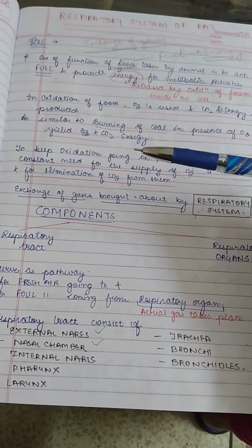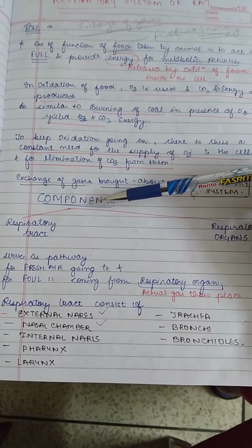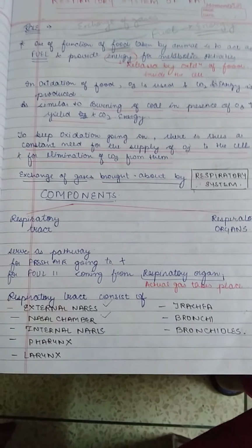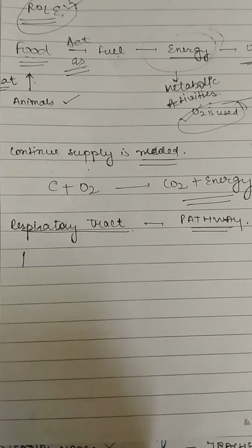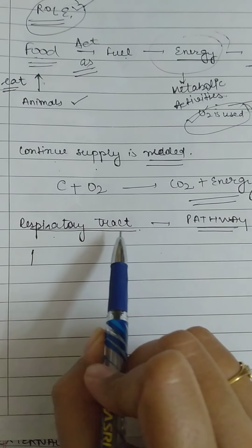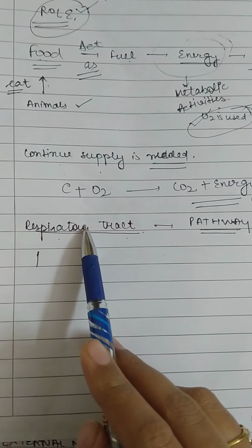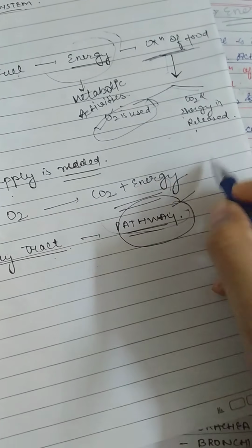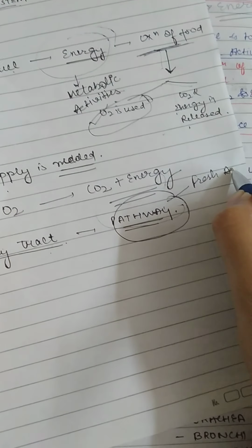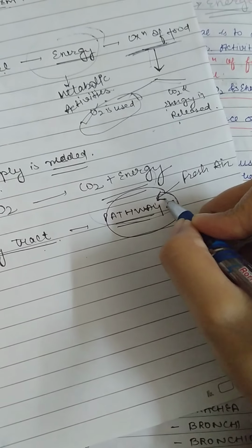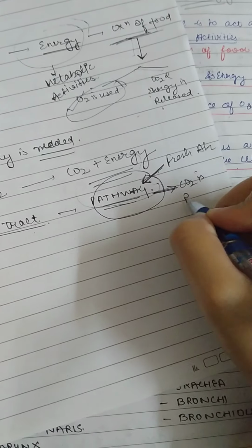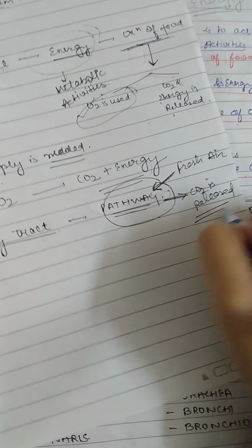Now we will study its components. Components of the respiratory system are the respiratory tract and the respiratory organ. The respiratory tract is basically the pathway through which fresh air enters and carbon dioxide is released.